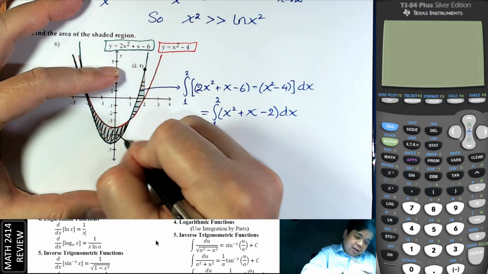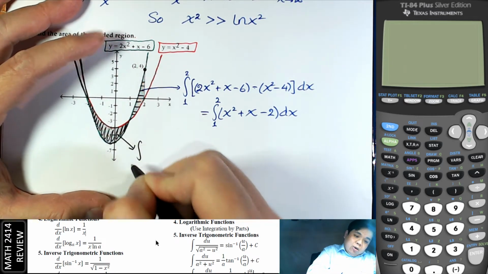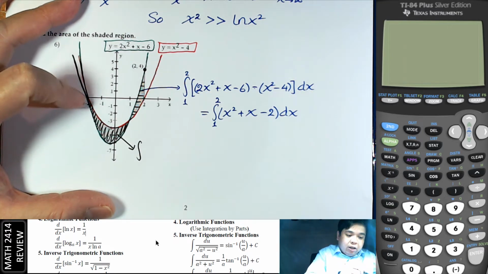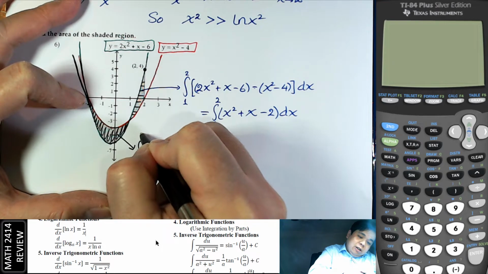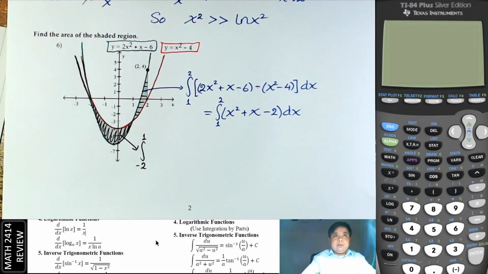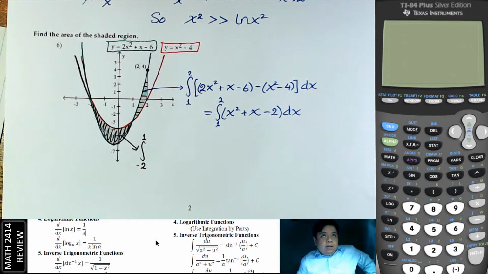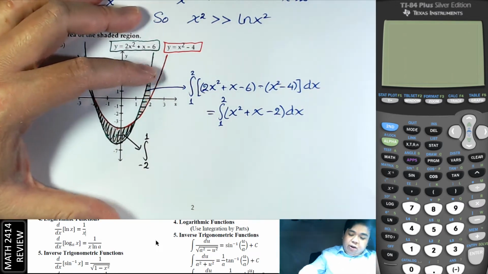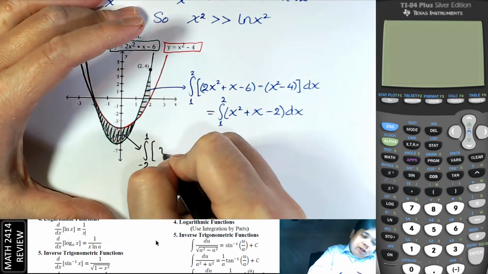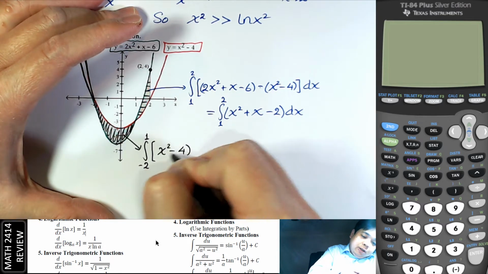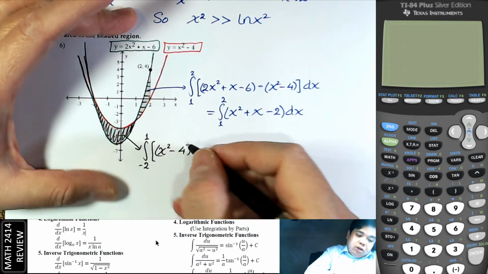And then this integral from negative 2 to 1. And then we'll take the function on above, which is x squared minus 4. Subtract the function below.